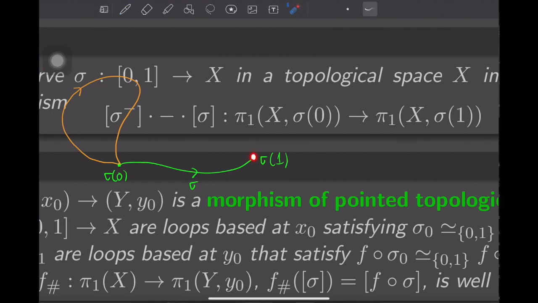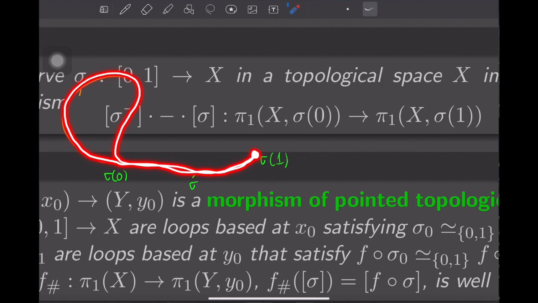And once you see this picture, then you come up with what comes to your mind. So well, something I can do is just first go with sigma minus, and then take the loop that I was given, and then come back to sigma 1 by means of sigma.